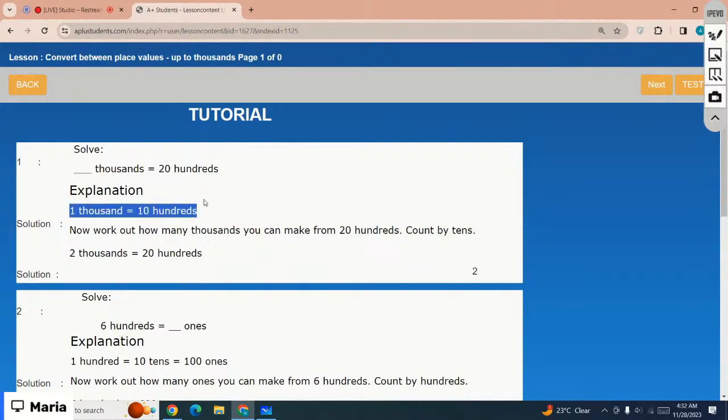Now you are given 20 hundreds, right? That means that equals 2000. The correct option is 2000. 20 hundreds equal 2000.